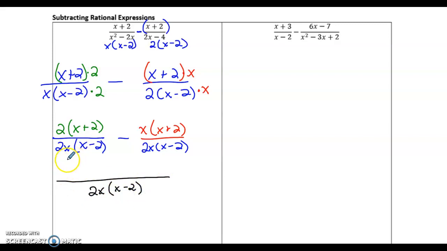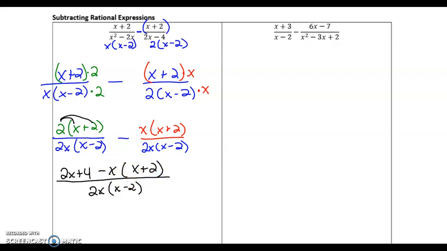And then we've got, let's go ahead and distribute this as we go here. So if I put my 2 through, that'll be 2x plus 4. Now be careful with this. Minus. So it's actually like this. I'm just going to leave it minus x times x plus 2.